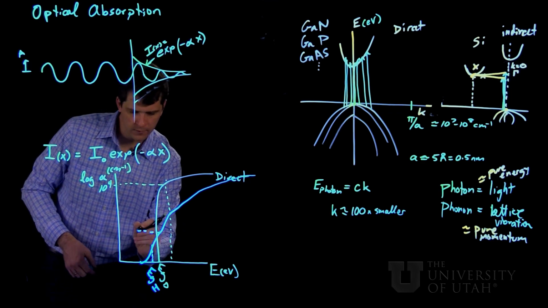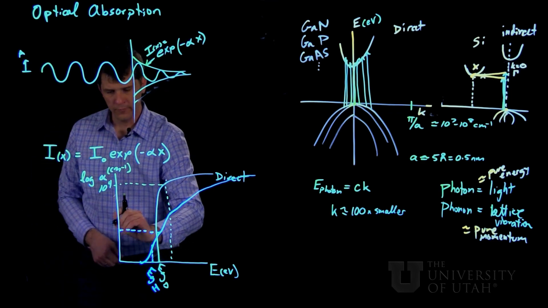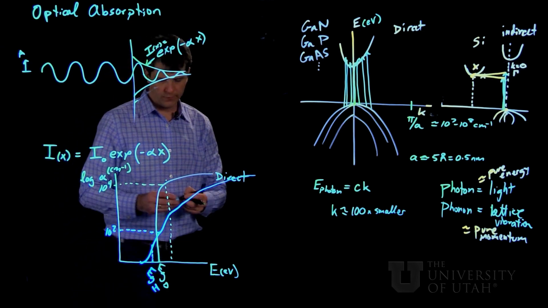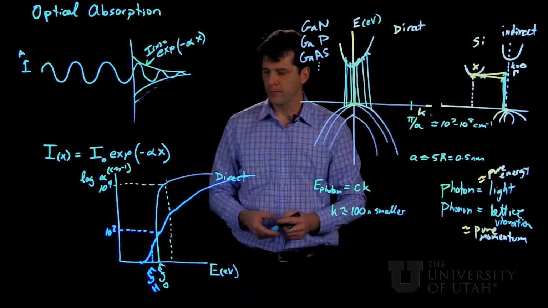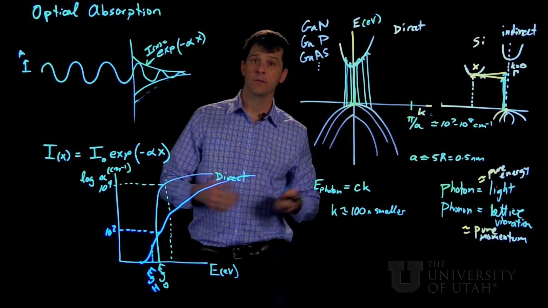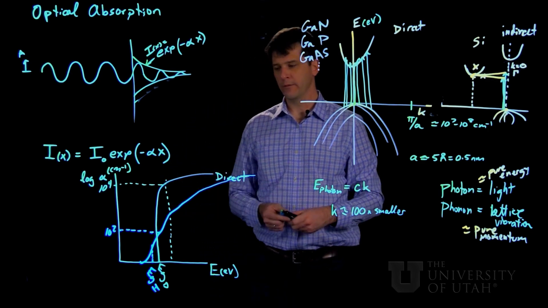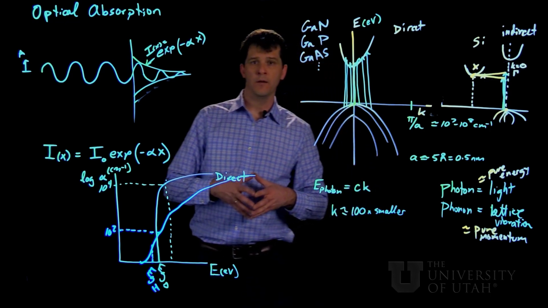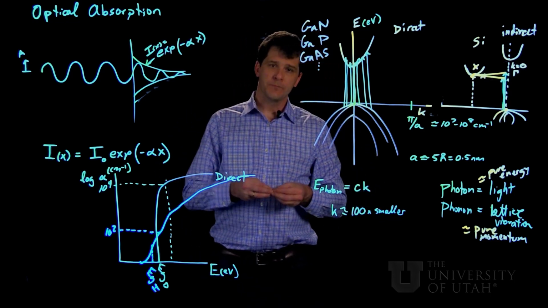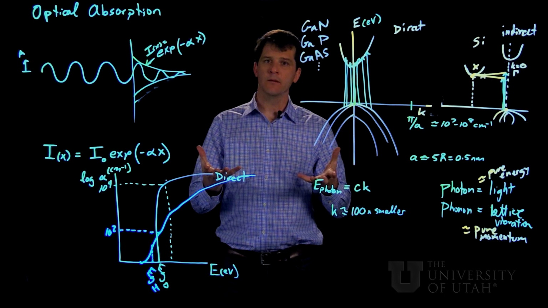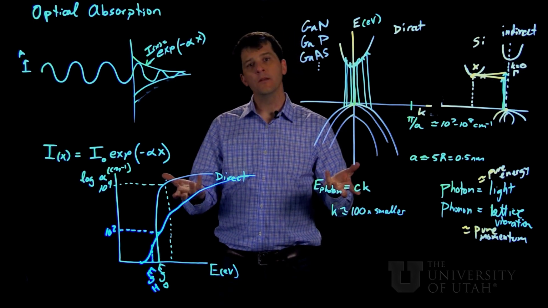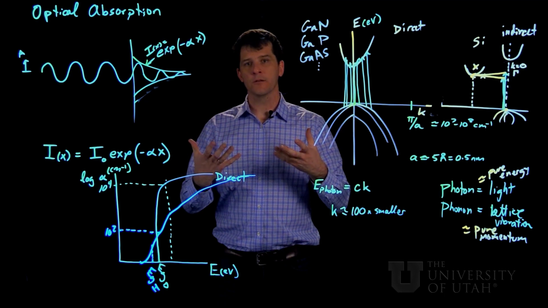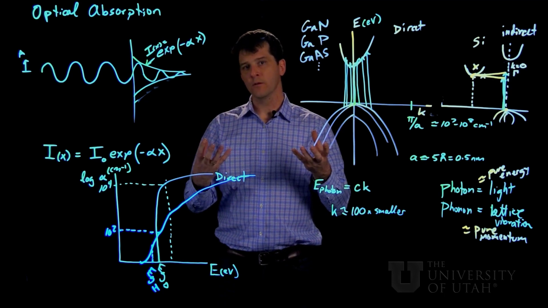So a typical number to use for estimation in an indirect material would be about 10 to the 2 inverse centimeters, somewhere right around the band gap. And again, that's about 100 times less than for a direct gap material. Now the last thing to mention here is that the absorption coefficient actually turns out to be the emission coefficient because quantum mechanical transitions are reversible.